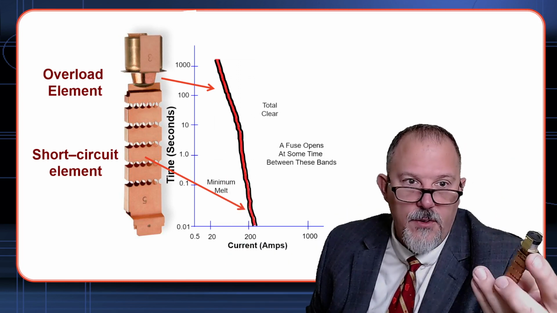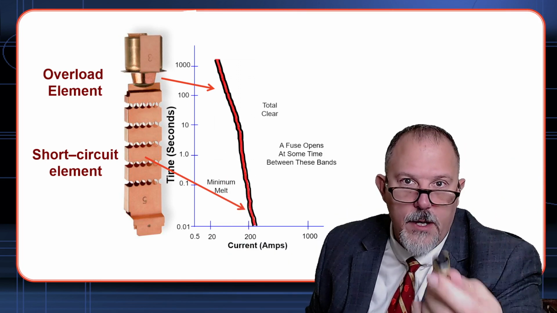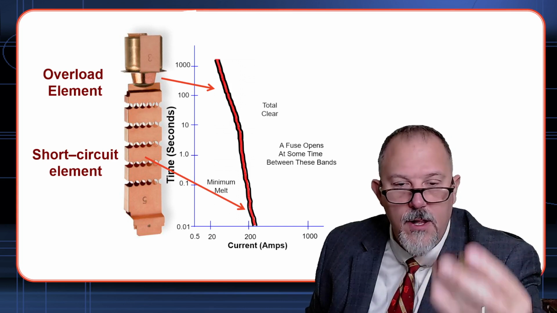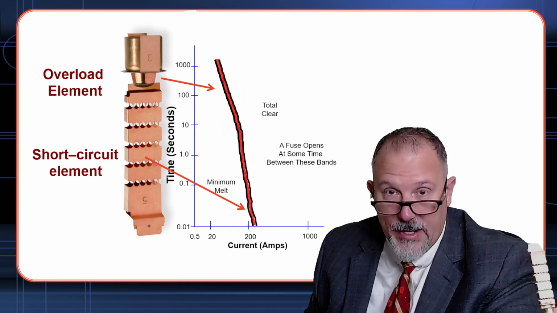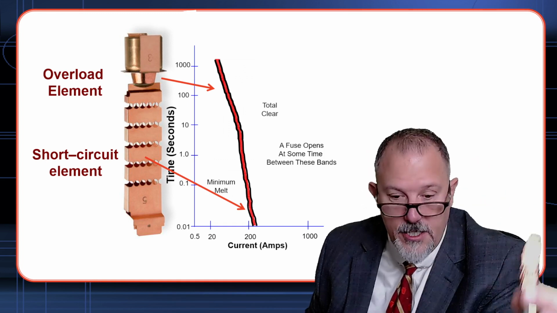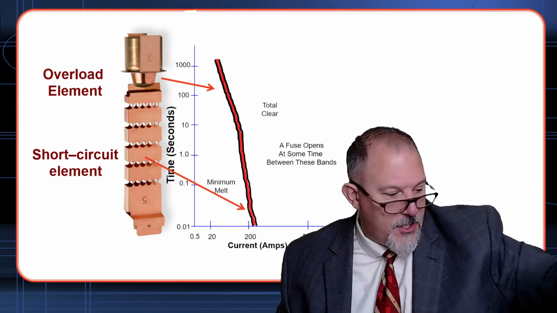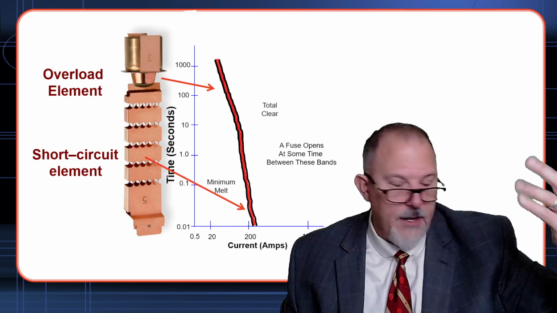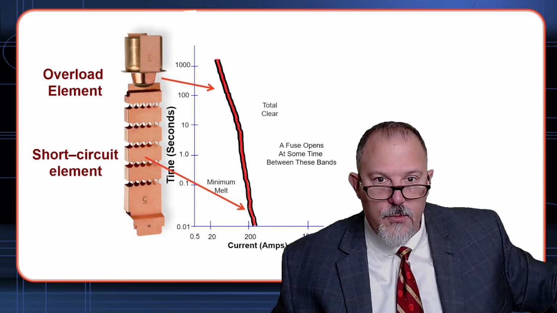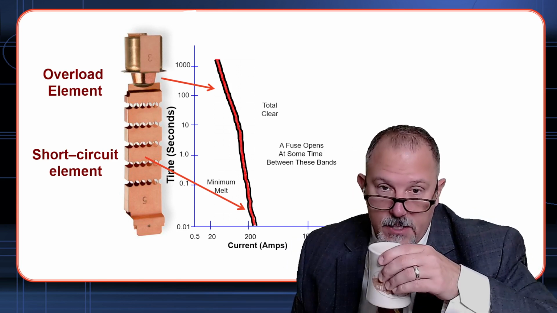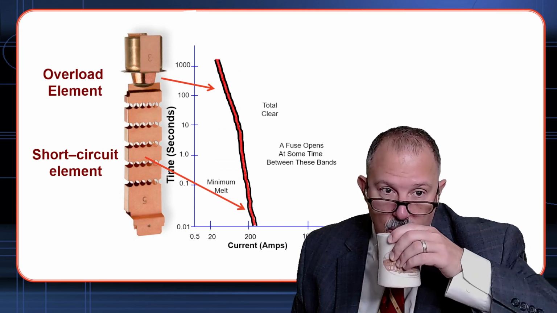So I could tell you a ballpark of how much current you saw by looking at the element. We'll typically X-ray these devices, so if you really want to understand how much current was seen by a fuse when it opened, you could ask for an X-ray and we'll give you a ballpark figure.